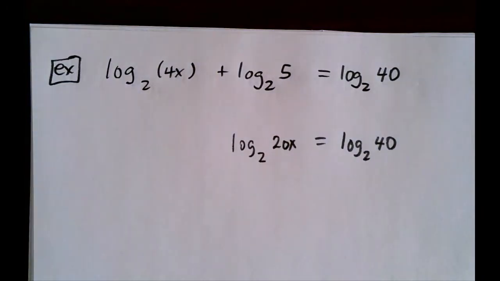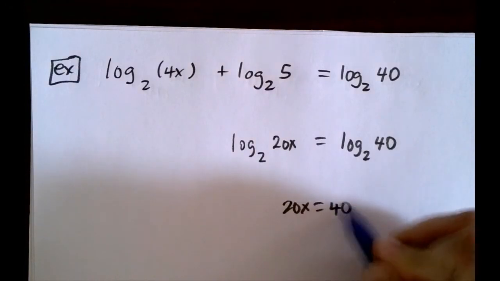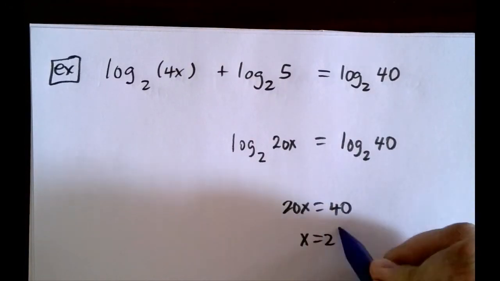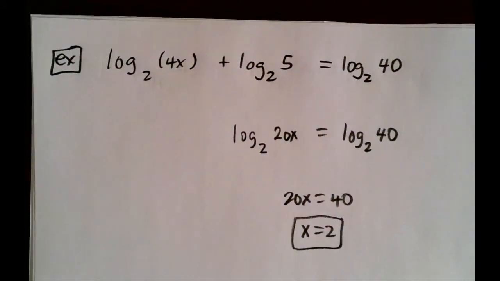If you remember from last week, I mentioned there are two types of log problems. One where the logs are equal to each other, therefore the arguments are equal, which is this problem, and we'll get x equals 2. But we do need to check our answers. The other log problem we'll do in just a moment, where it will be a log equal to a number, and we can use the counterclockwise rotation.